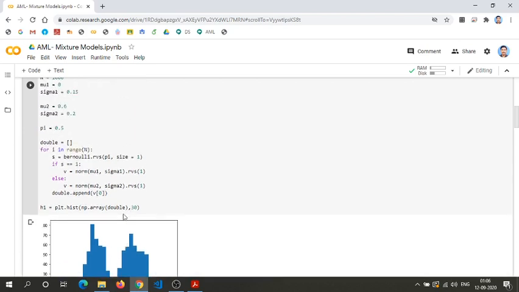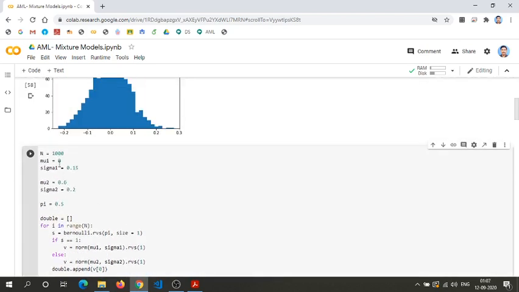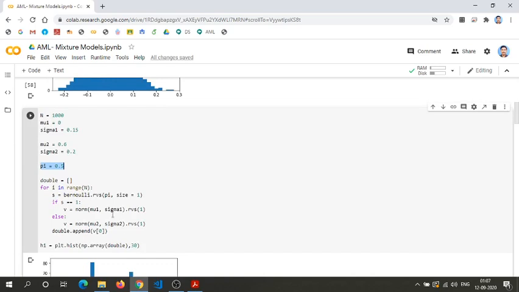So what I'm trying to say is here also we have generated 1000 samples from two separate Gaussian distributions. The first Gaussian distribution has mu1 and sigma 1 as parameters. The second Gaussian distribution has mu2 and sigma 2, and we have another hidden variable z which controls the visible random variable.